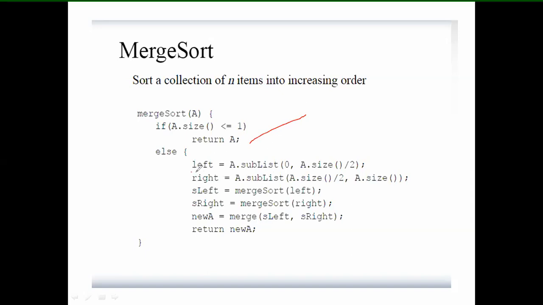Otherwise, divide: left is A sublist from 0 to size of A by 2, and right is A sublist from size of A by 2 to the size of A. Then we perform merge sort on the left and merge sort on the right. Then merge S left and S right. Finally, the value is the solution to that problem.